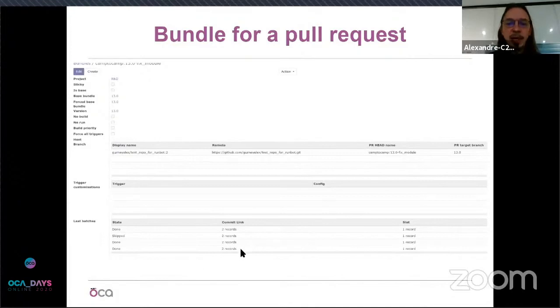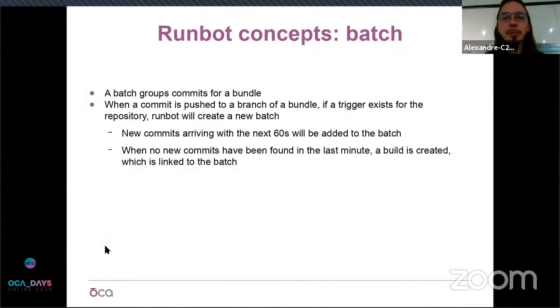And so I have my bundle, and this will generate batches. What's a batch? The bundle groups branches. The batch groups commits. Because your branch or your pull request will be updated, for instance, if the CI fails, you will get a new commit on your branch.